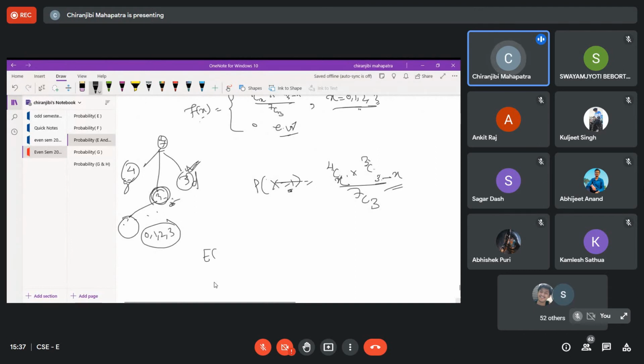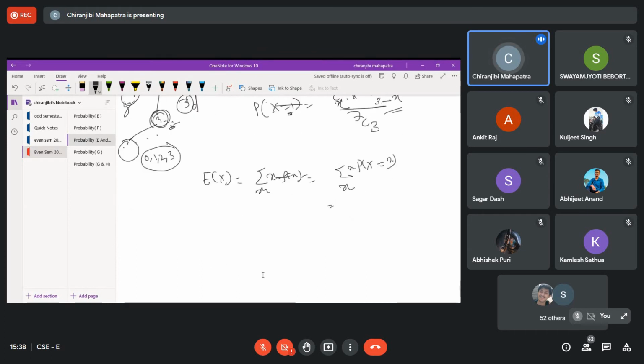So the expectation of x, according to the formula, will be equal to the summation over all x of x into f(x), so x into the probability of x equals x.